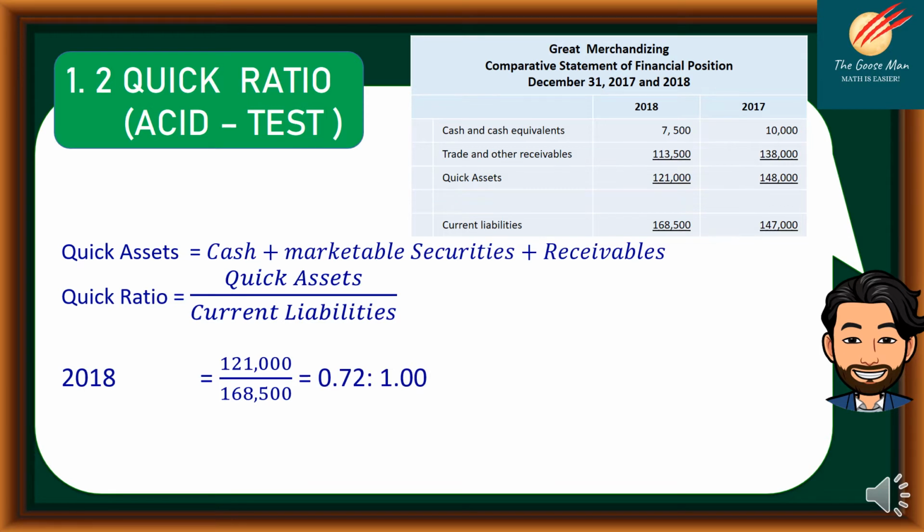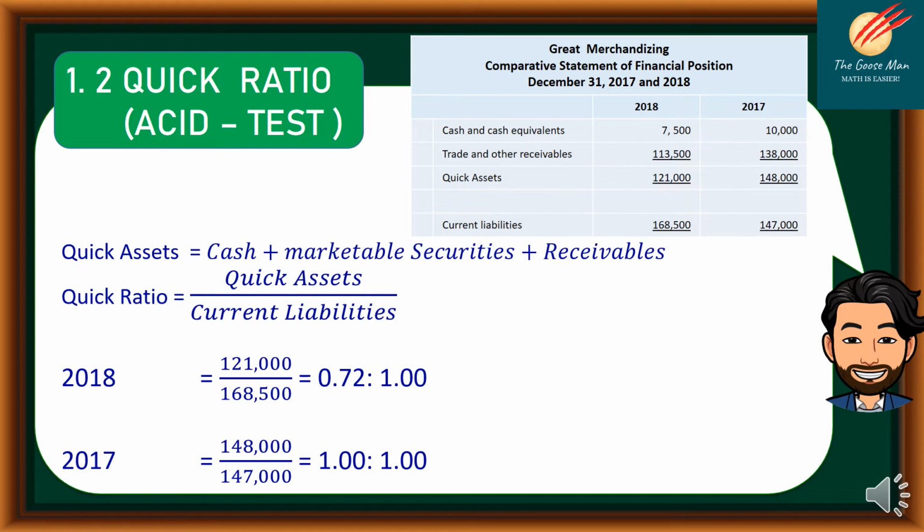If we will compute for the quick ratio, this is quick assets divided by current liabilities. As of 2018, we have 121,000 divided by 168,500. So this is equal to 0.72 is to 1. While for 2017 is equal to 148,000 divided by 147,000 or approximately 1 is to 1.